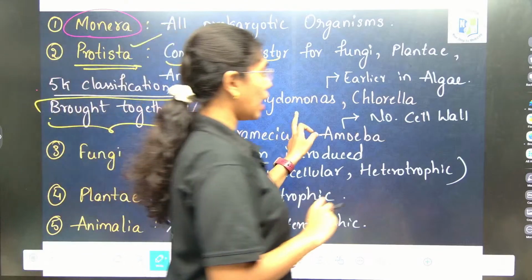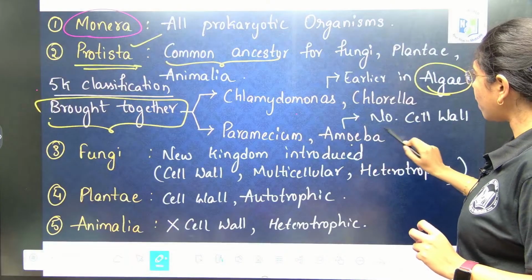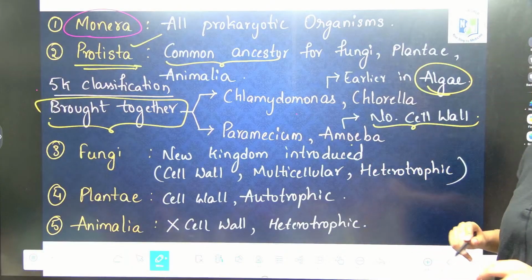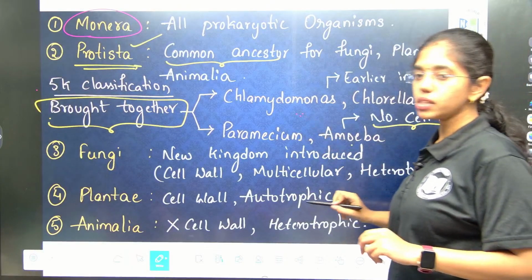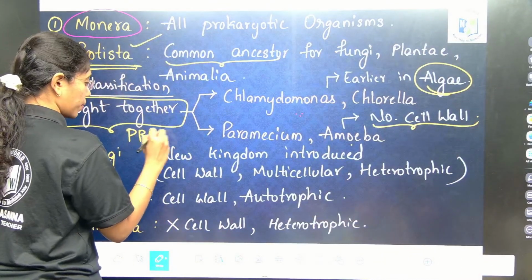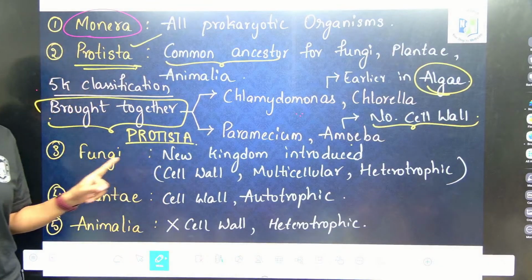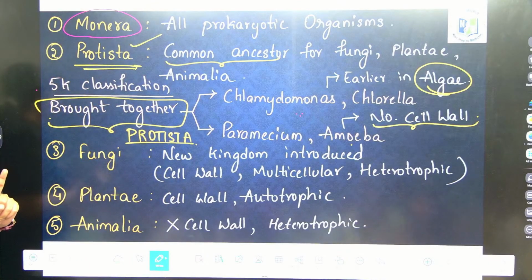Chlamydomonas and Chlorella, which were earlier placed in algae, and Paramecium and Amoeba, which do not have any cell wall. Into which kingdom has it placed them? How has it brought them together? Under Protista. Protista has all unicellular eukaryotes, right? So the unicellular eukaryotes can be a plant cell, it can be a fungal cell, it can be an animal cell.